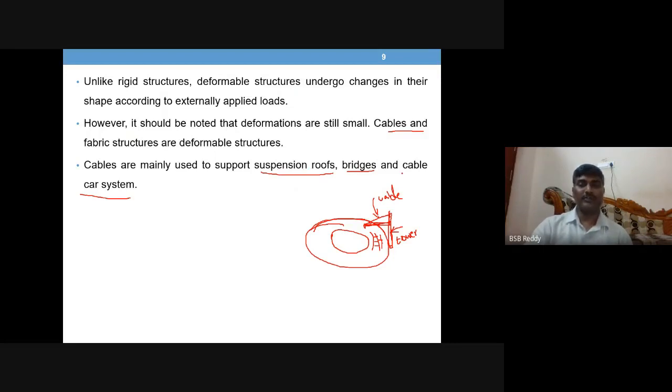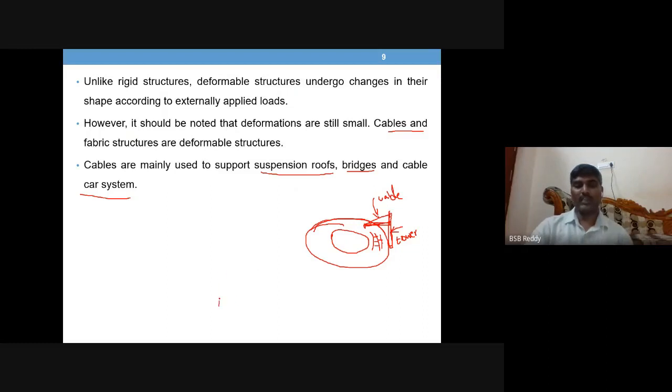Bridges you have just seen. Cable car system: when you travel to historic places or scenic places, you will have a cable car system over a valley. If you go to a valley, you will be traveling by cable car.